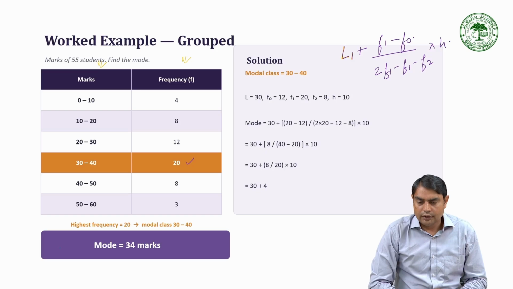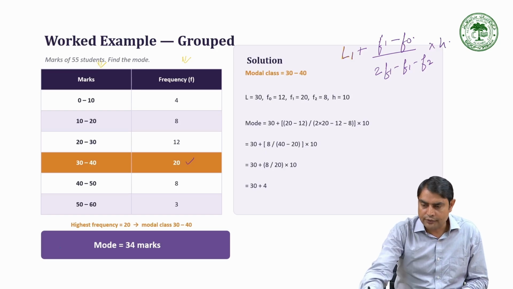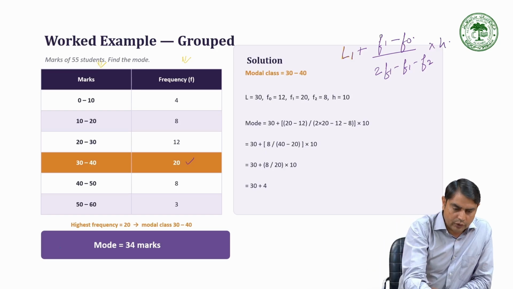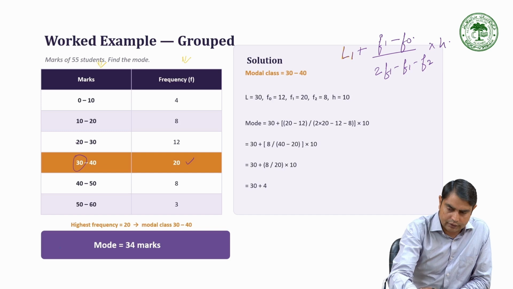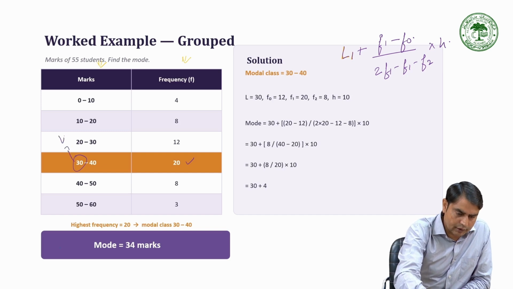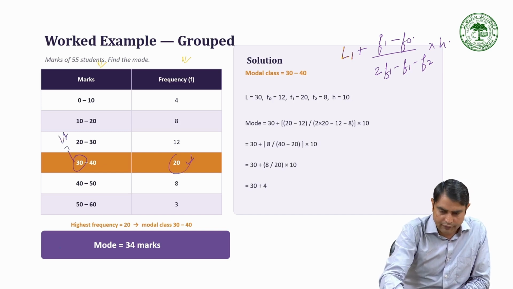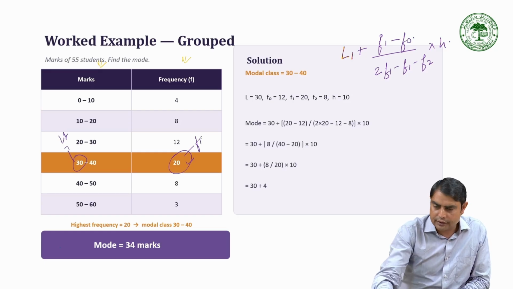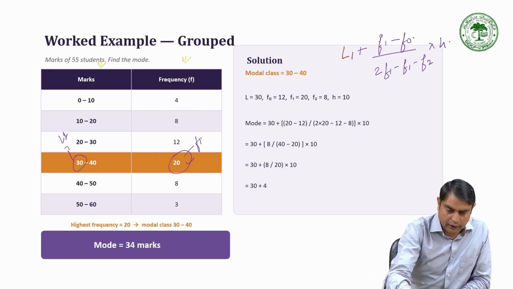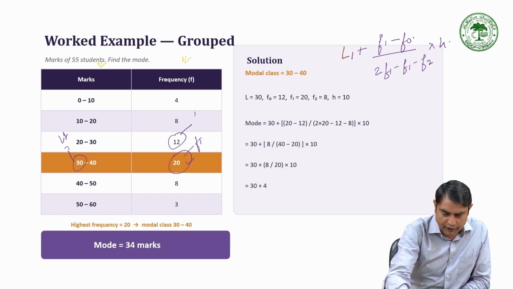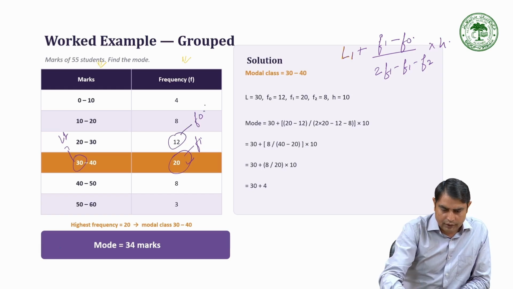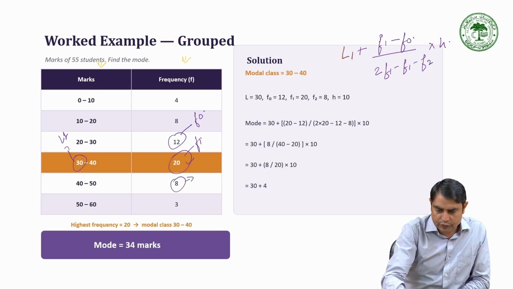right? So if I go by this formula, what is my F1? I can say this is my L1, and this is my F1, this is my F0, and this is my F2.